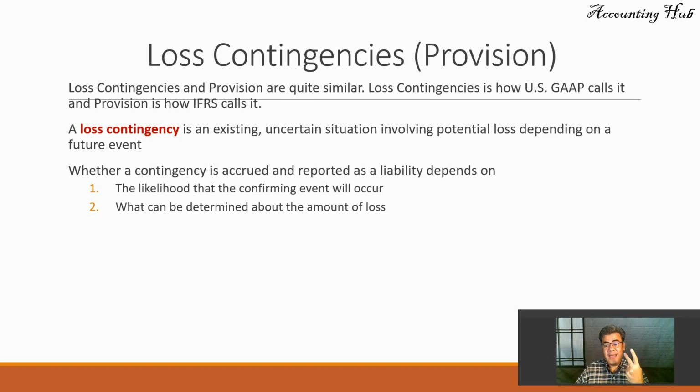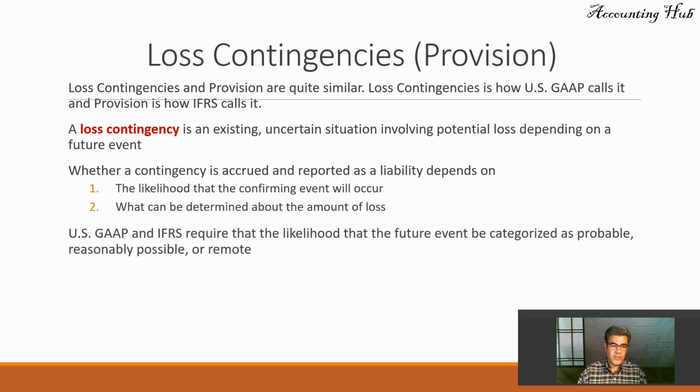If yes, are we able to determine how much? These are two basic assumptions for all of our accounting transactions. We need to know if it will happen or already happened, and we need to know how much. If we don't know either of these two, we are not able to record any accounting transaction.